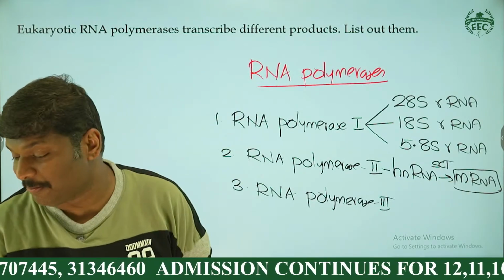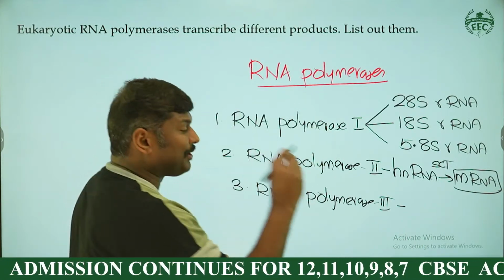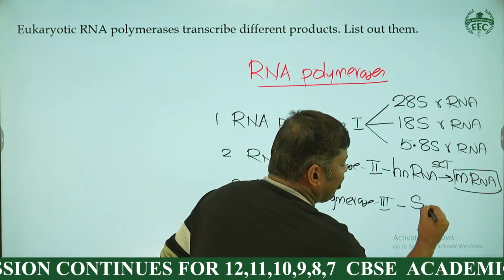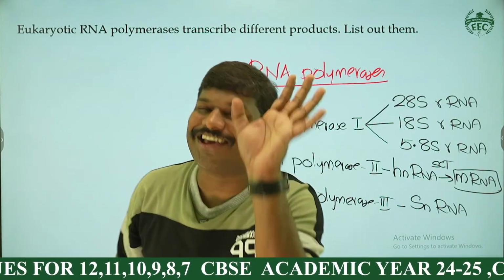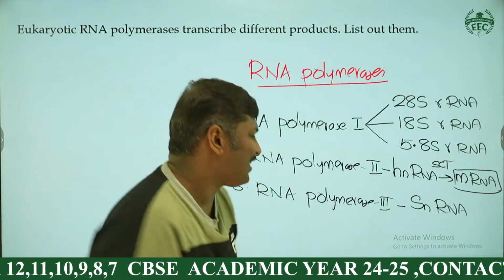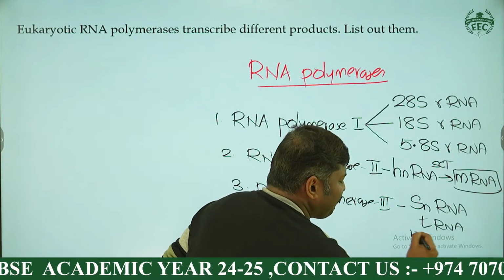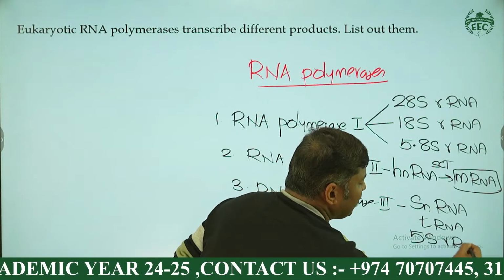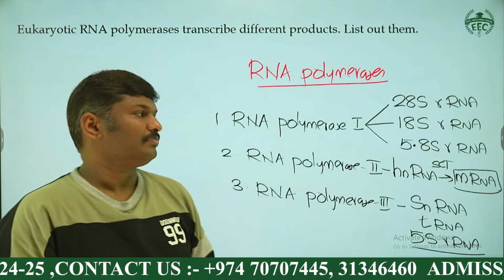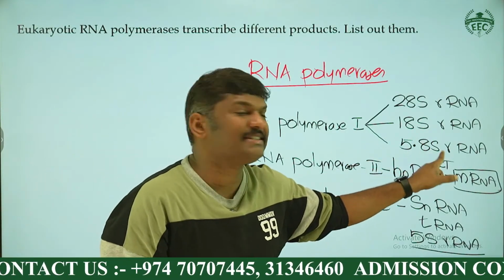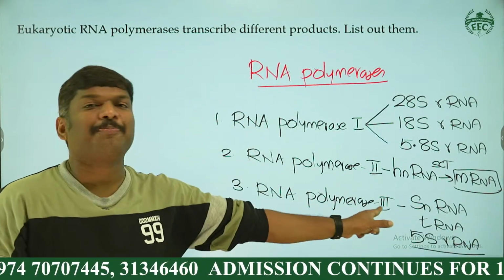RNA polymerase 3 can make snRNA, small nuclear RNA, tRNA, the transfer RNA, and one more, 5S rRNA. Don't confuse this one. This is 5S, and that is 5.8S rRNA, produced by RNA polymerase 1, but 5S rRNA is produced by RNA polymerase 3.